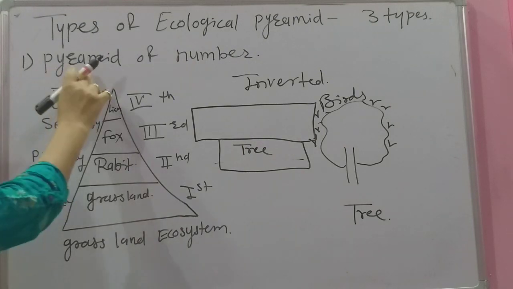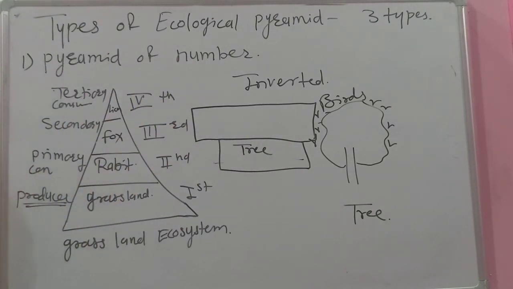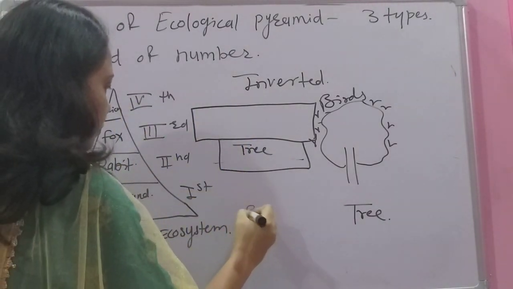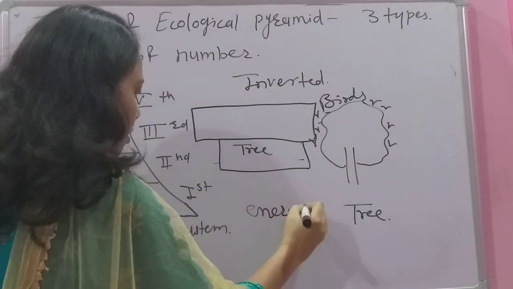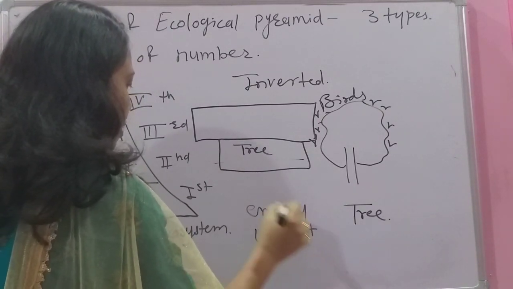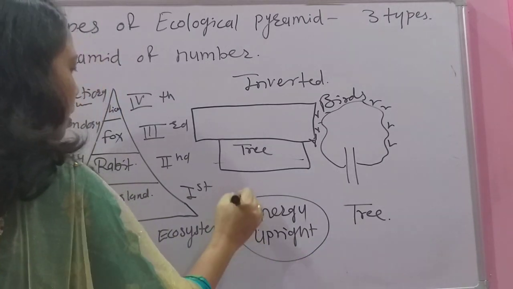This is the pyramid of numbers. But the energy pyramid, in this first type, the energy is always upright.